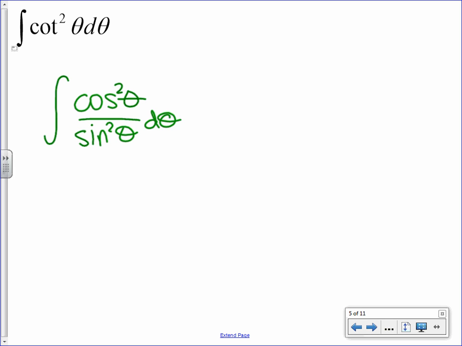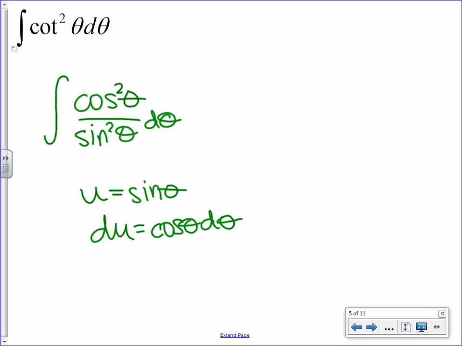Because you can make the bottom sine, and then you can do substitution. Cosine and cosine squared. It's not going to work, is it? It's sine squared though, and then we separate it, the cosine over sine times cosine over sine.